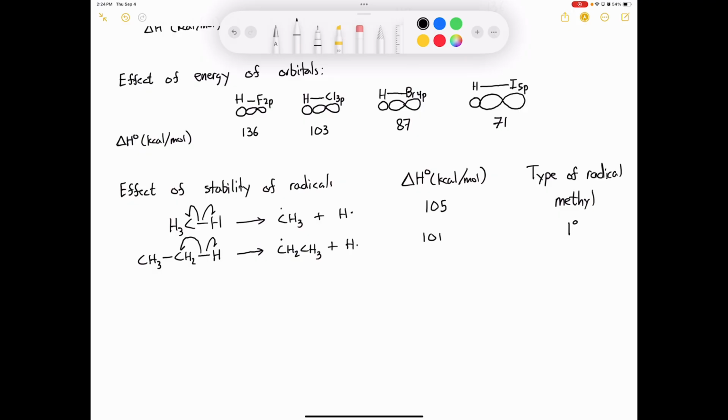So there might be a question like, are different primary radicals different in energy? The answer is no, not really. Okay. So let's say we have propane, and in this case, which one should I do? Oh, okay. Yeah, okay.